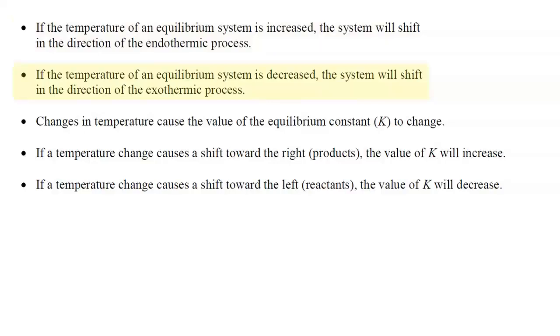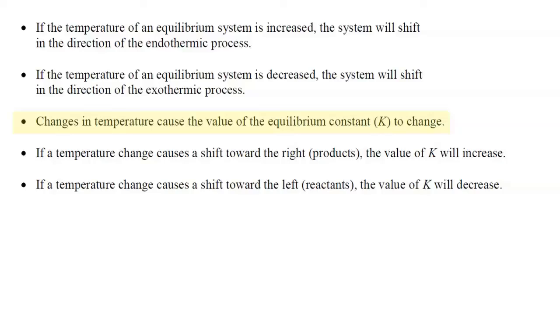And unlike all of the other changes we've talked about so far, temperature is special. Temperature is unique in that when you change the temperature, you will actually cause the value of the equilibrium constant K to change. No other changes will result in a change in the value of K, but temperature changes will cause a change in the value of K.